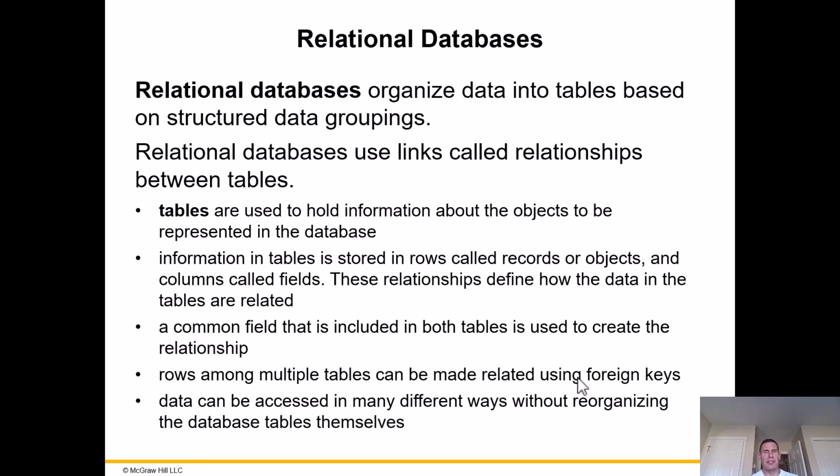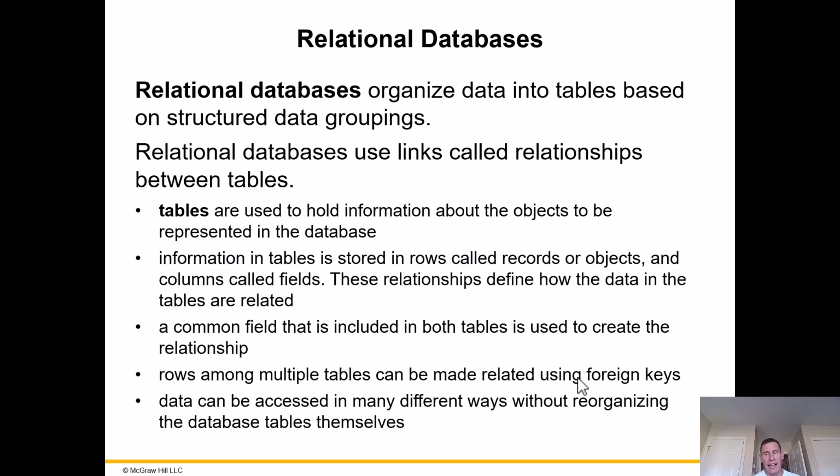Now, relational databases organize data into tables based on structured data groupings. Relational databases use links called relationships between tables. Tables, just think of a regular table. Tables are used to hold information about the objects to be represented in the database. Information in tables is stored in rows called records or objects, and columns called fields.